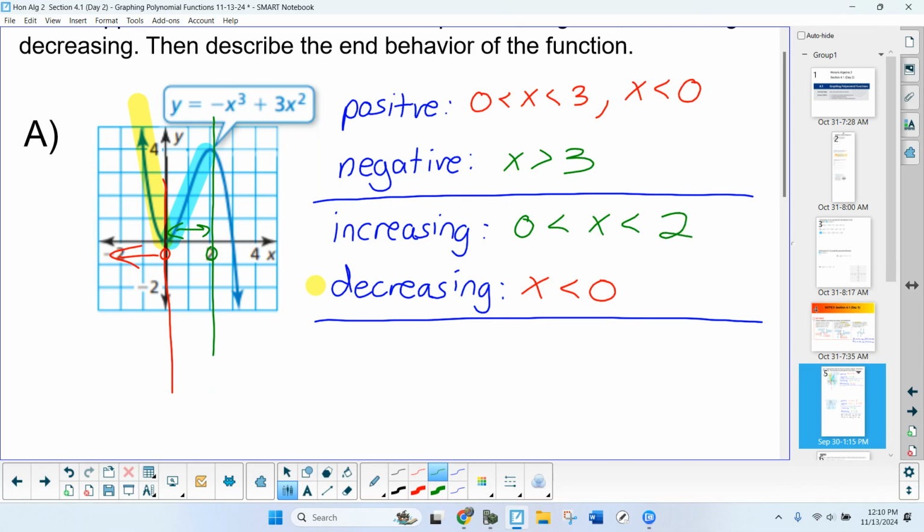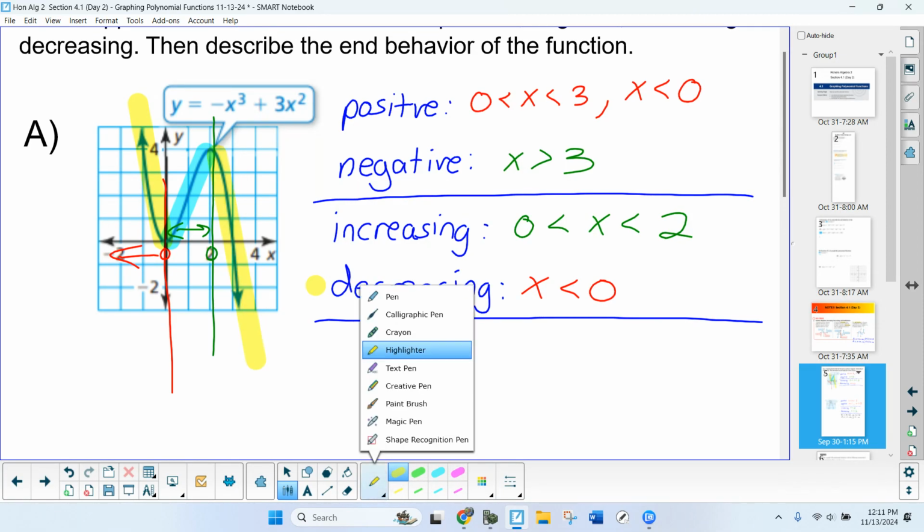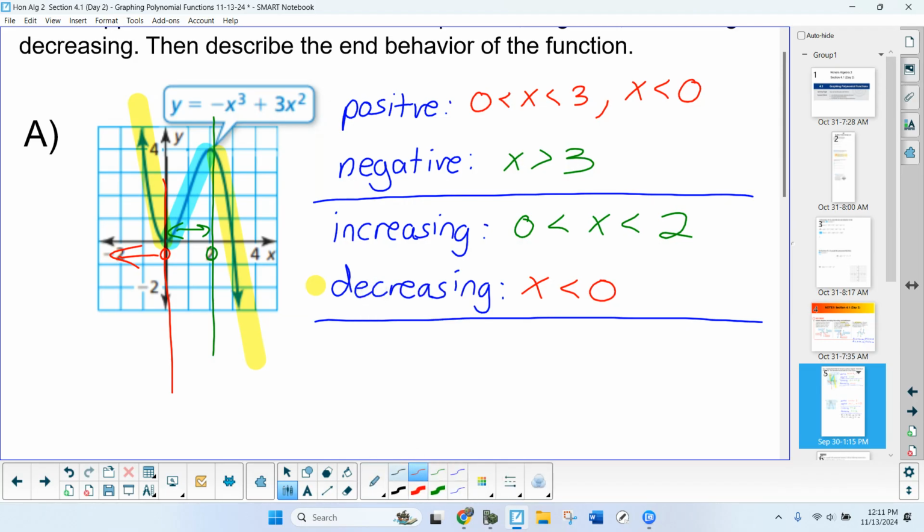And then what happens after you get to 2? You start going down. So you're decreasing again for values of x that are greater than 2. Are we good with that?